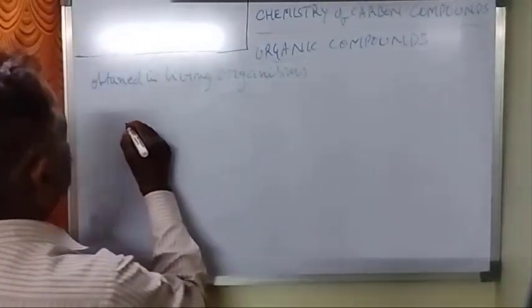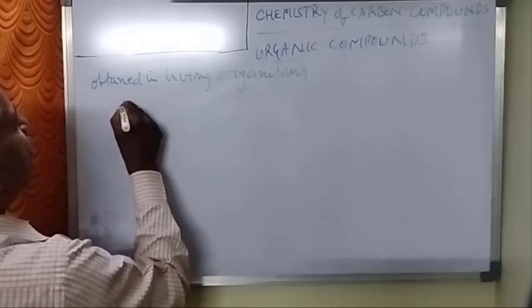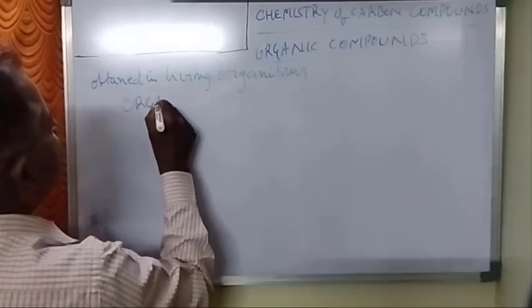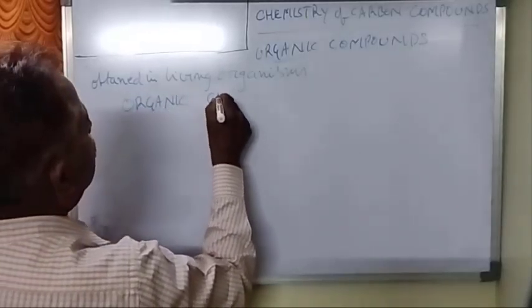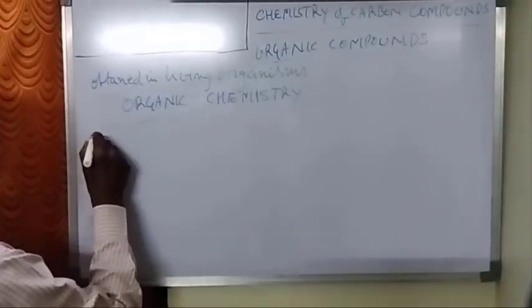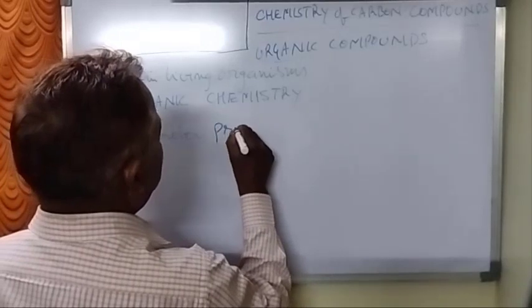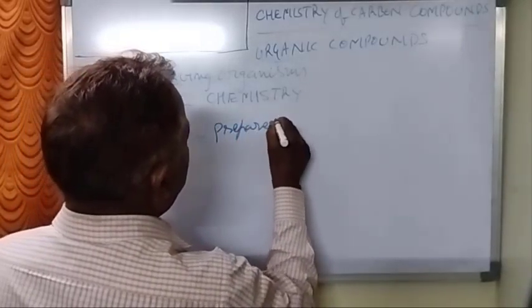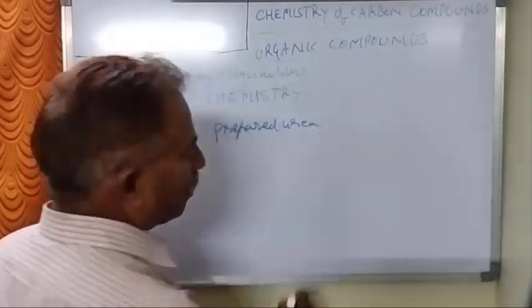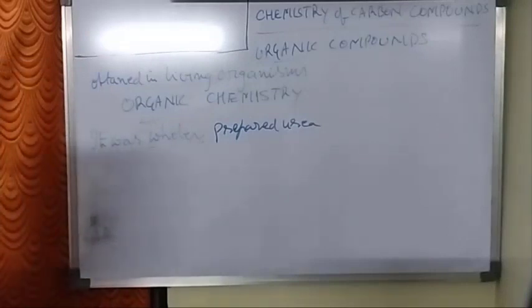And of course, the branch of chemistry, it is referred as organic chemistry. Now, it was Euler, a scientist known as Euler, who prepared urea. Urea is present in urine of human beings and other animals.